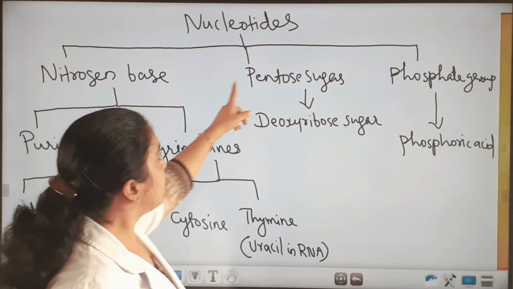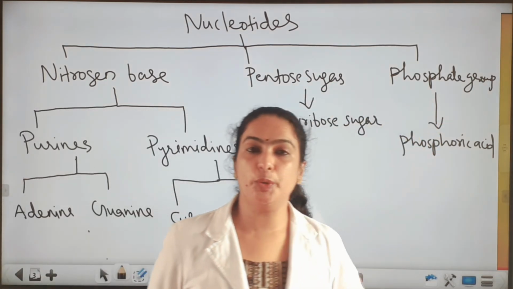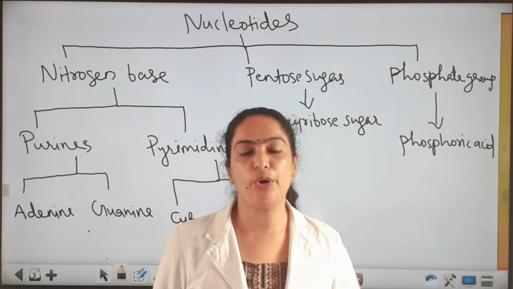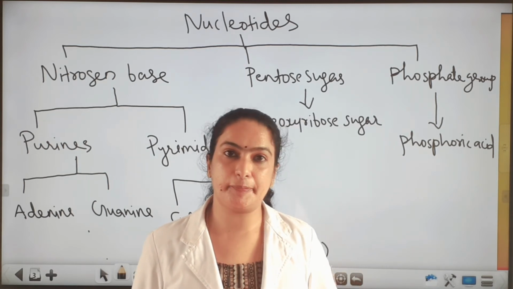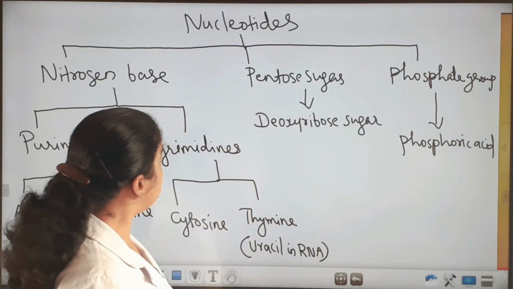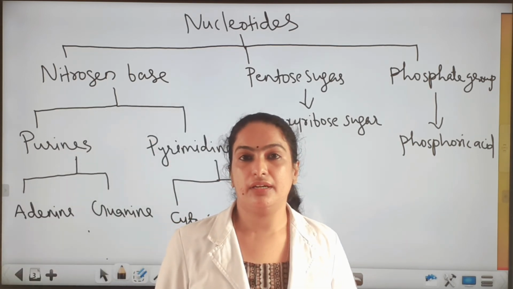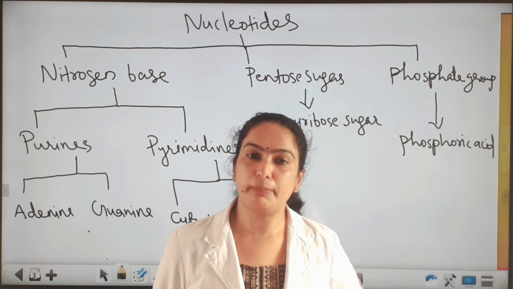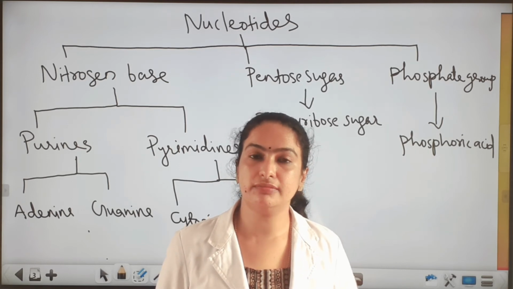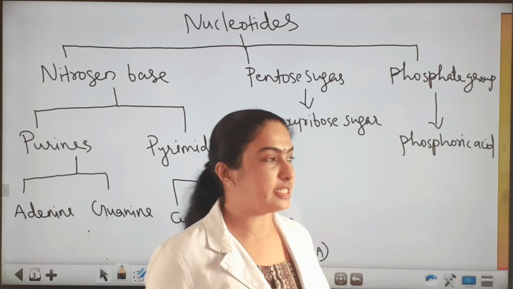Here the pentose sugar and phosphate group form the backbone of the double strand of DNA. And the nitrogen bases project from that backbone.